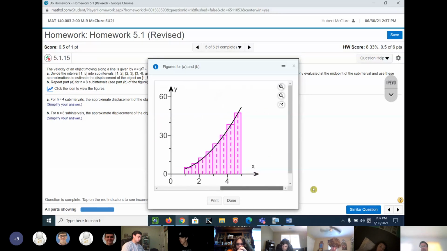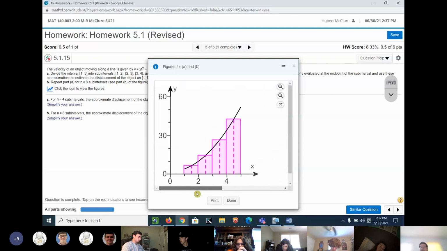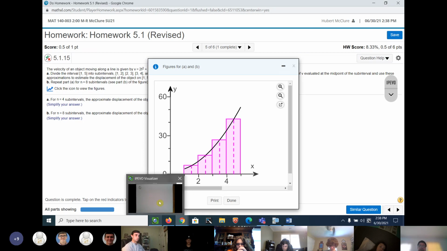And that's what they're trying to get you to see. There's 2 things they're trying to get you to see with these type questions. What are they trying to get you to see? Number 1, they're trying to get you to see the area under a curve.